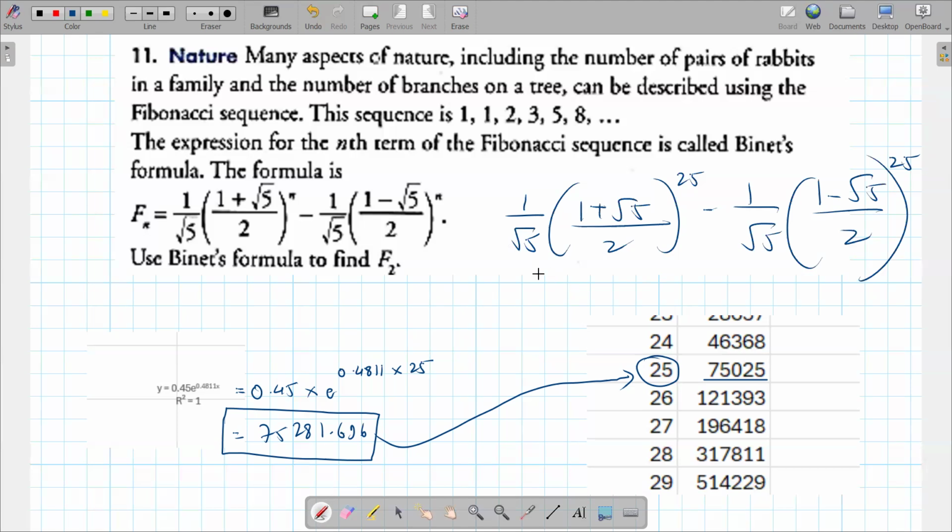I got exactly 75,025. So that's the difference. Using a modeled equation, you're not going to be precise because the modeled equation only uses a sample of points, or a handful of sample points.